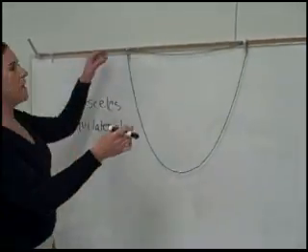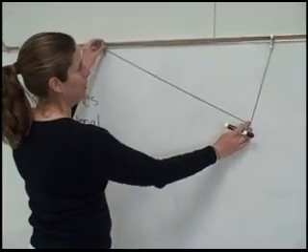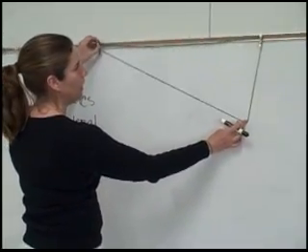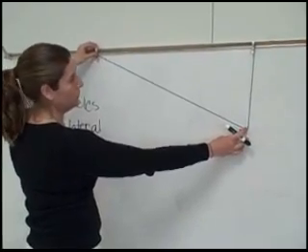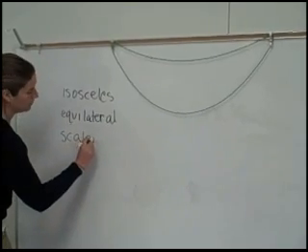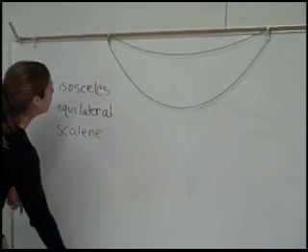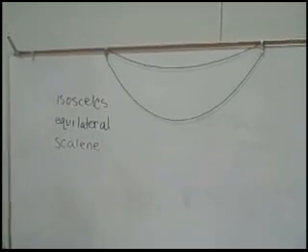And then if none of the sides were the same length, so if I could make a triangle like this, I would have a scalene triangle. So scalene is when all three lengths are different, equilateral is all the same, and isosceles is at least two the same. Correct.